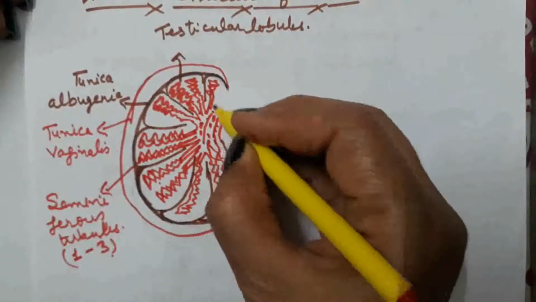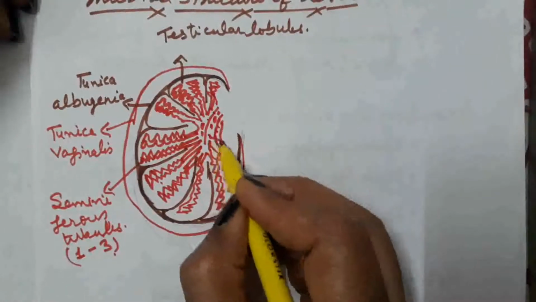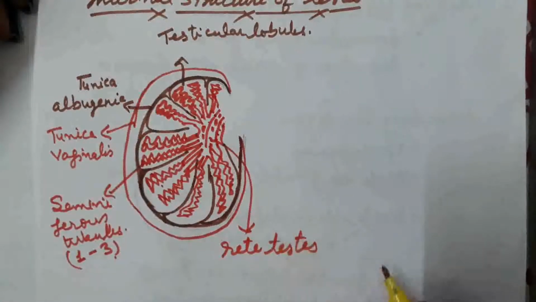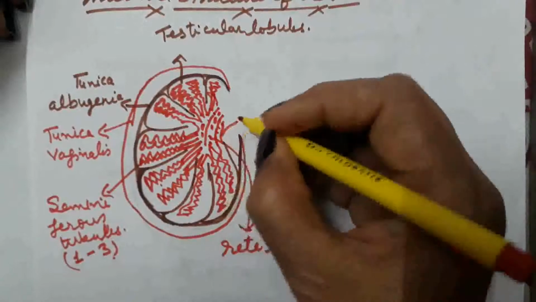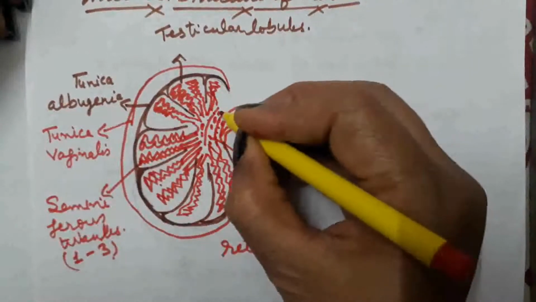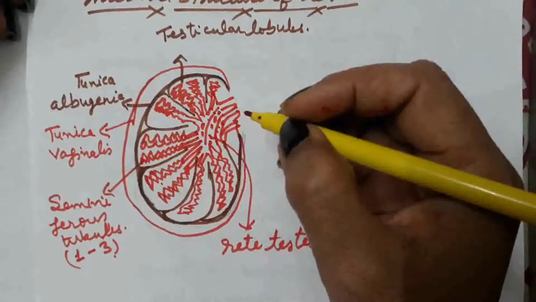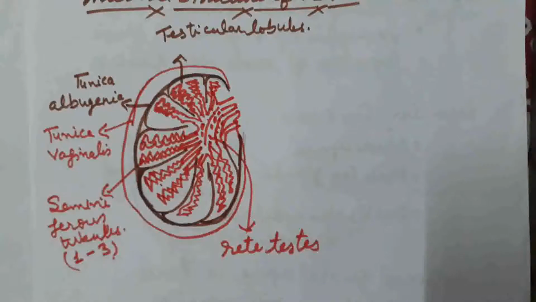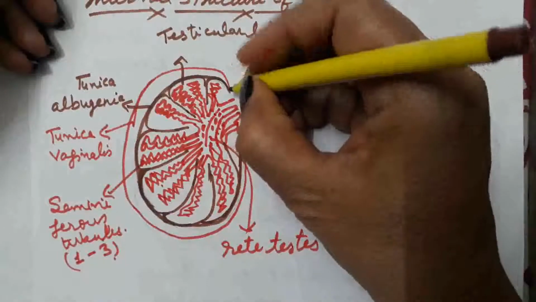This network-like structure is known as rete testis. The rete testis opens into the next part of the male reproductive system, that is known as the epididymis, which is present behind the testis. This is the epididymis.